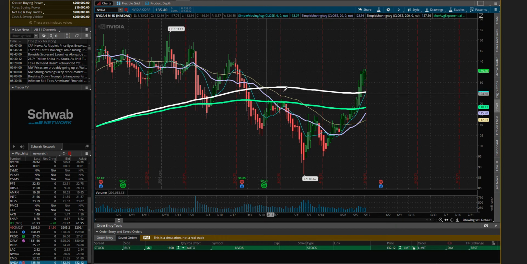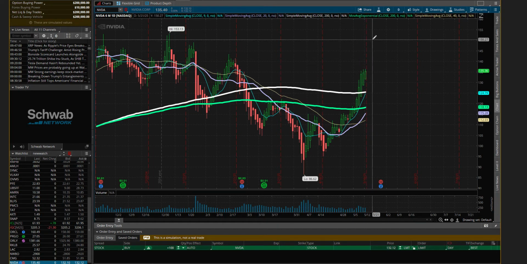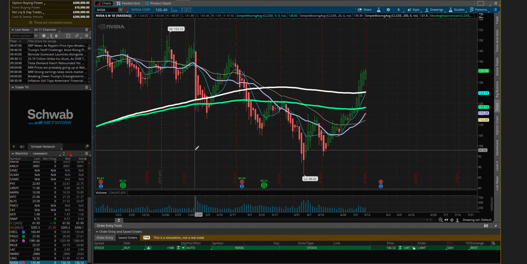Kind of the same thing, only Nvidia has crossed over and pushed higher into this bullish market, because we've crossed over our 200 simple and our 200 exponential moving averages. We haven't got enough distance to come back and make sure this is good support, but we do know we're heading into bullish territory on Nvidia.